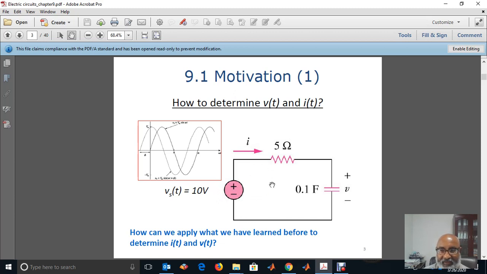How do we analyze it? How do we find the voltage v(t) and the current i(t) through the circuit, and the voltage v(t) across the capacitor? So we need some methods of analysis for such circuits if the source is AC.